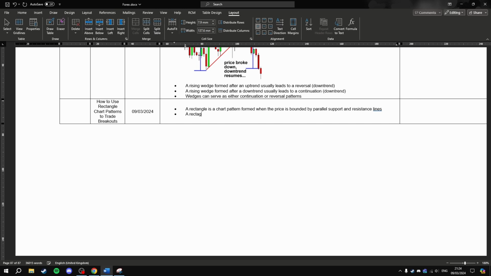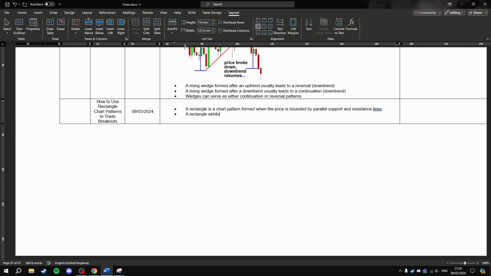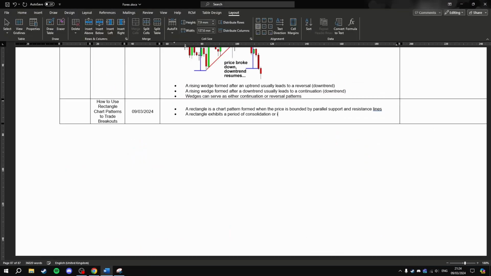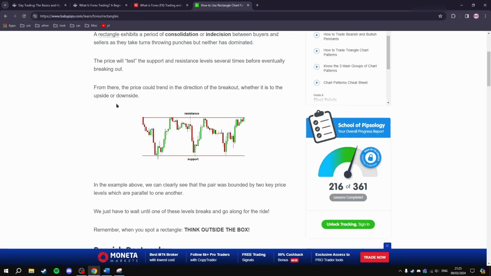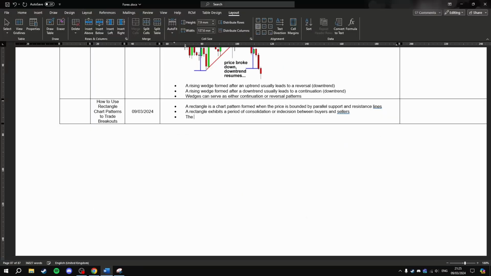The price will test the support and resistance levels several times before eventually breaking out.